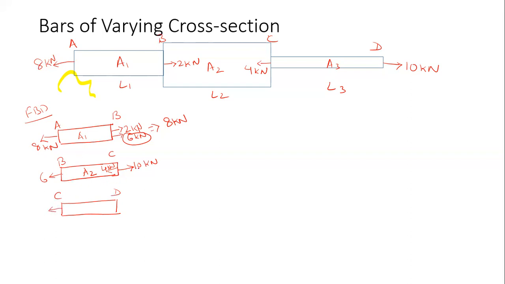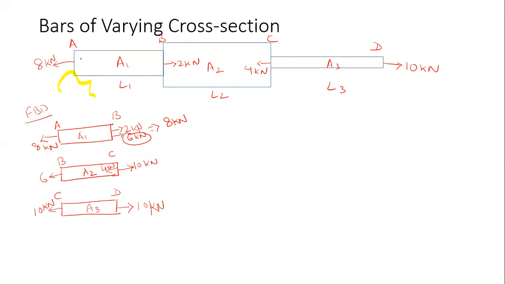When we added a 10 kilonewton force here, for balancing this an equal opposite force of 10 kilonewton has to be added here, and a force of 10 kilonewton is acting at section D. So now we can see that AB is in equilibrium, BC is in equilibrium, and CD is in equilibrium. So the free body diagrams are correct for this entire beam.